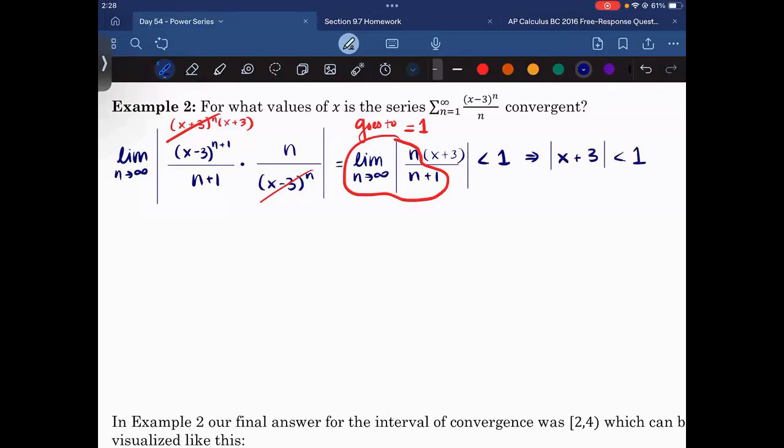So now we need to split it up because it's an absolute value, so we need to test both sides, plus or minus. So we have x minus 3 is less than 1, and then we have negative (x minus 3) less than 1. Nice and easy for this one. Wait, did I?